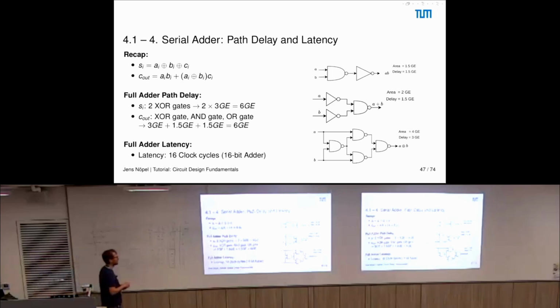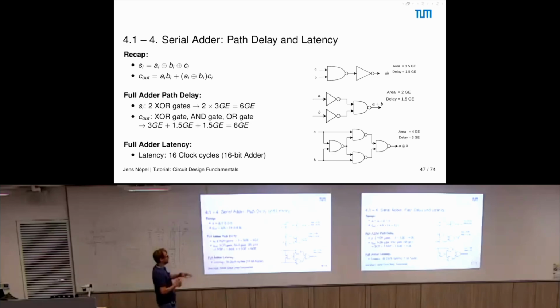So you can run the serial adder at a higher frequency than the CLA one. But the CLA needs only 8 clock cycles to process the data. The serial adder based on 1 full adder needs 16.